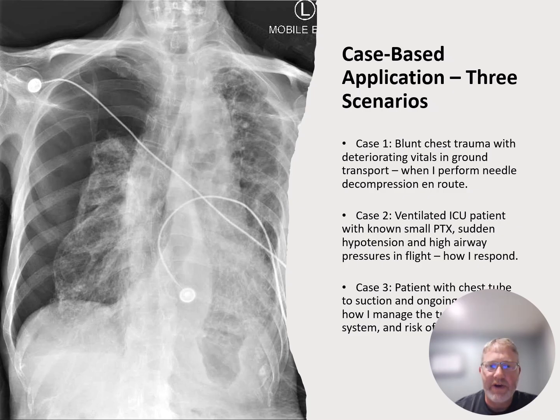And then finally, in the third case, consider a patient with a chest tube to suction and an ongoing air leak. Think through how you would manage that tube and the drainage system, what you would watch for in terms of recurrence, and how you would react if the chest tube dislodged or clogged.